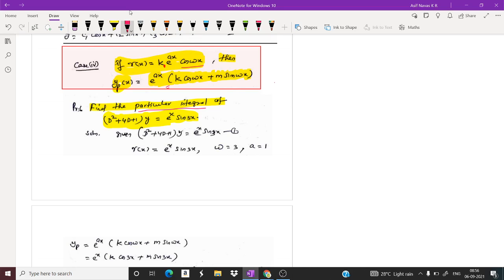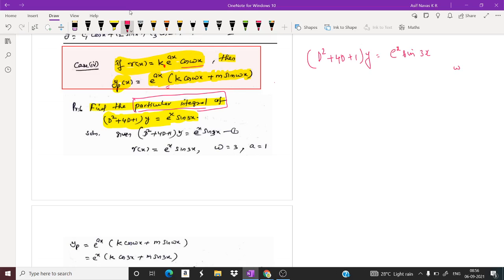If it were "solve this equation", then we would have to find the homogeneous part also. Here in the question it is to find the particular integral.